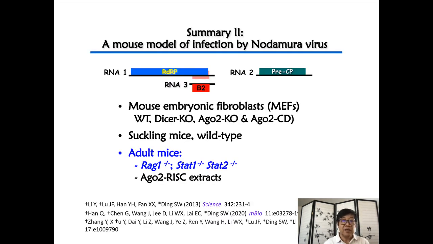So this is a summary of what I have shown on the study of a mice model infection by Nodamura virus. We use wild-type and RNAi defective mouse embryonic fibroblasts. We use suckling mice. We use adult mice, either intact or completely defective in interferon signaling.